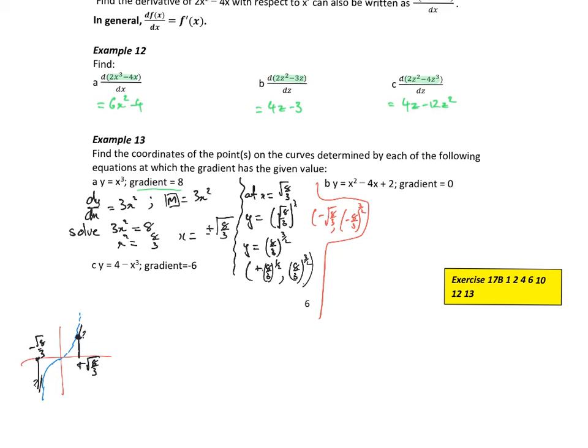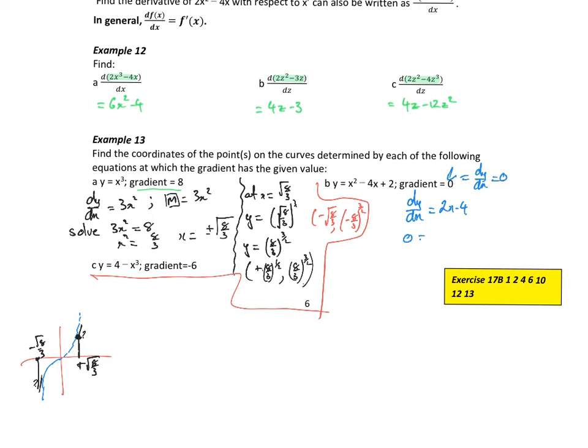All right, so let's think about B. I want to find the spots on that curve where the gradient is 0. The rule for the gradient is dy/dx, and in this case that's equal to 2x minus 4. The gradient is 0, that means dy/dx has to equal 0.